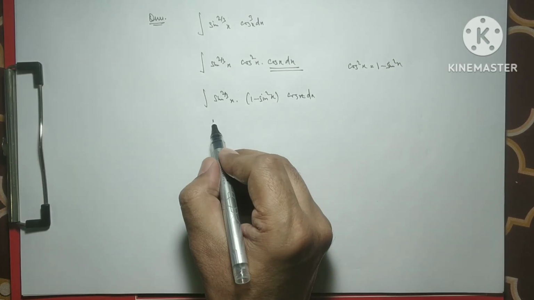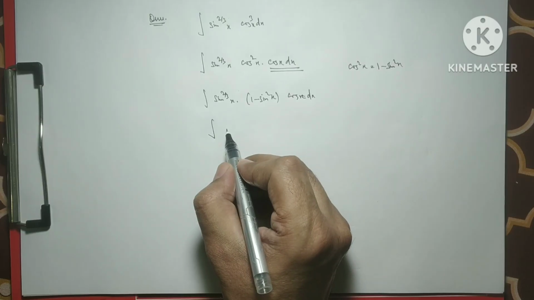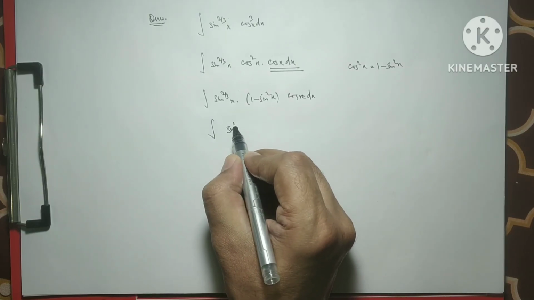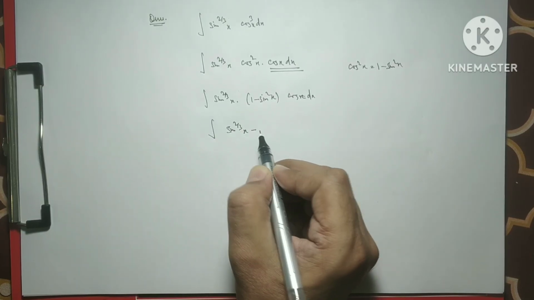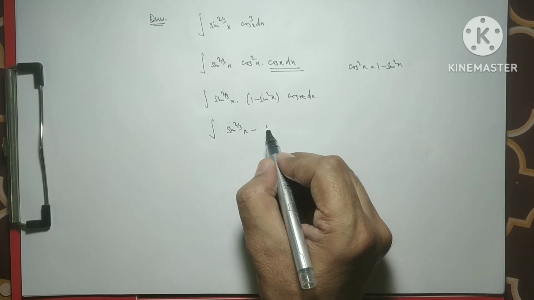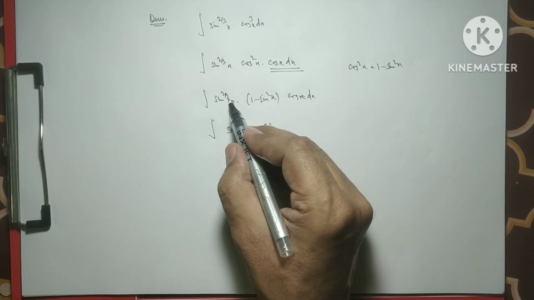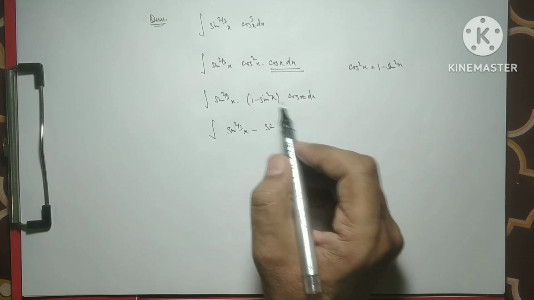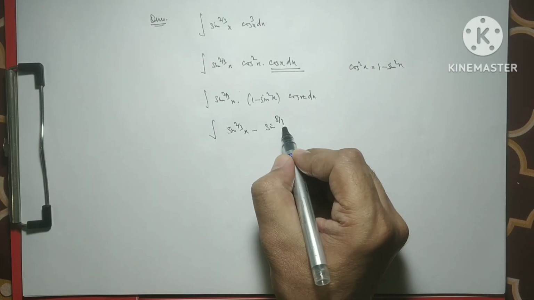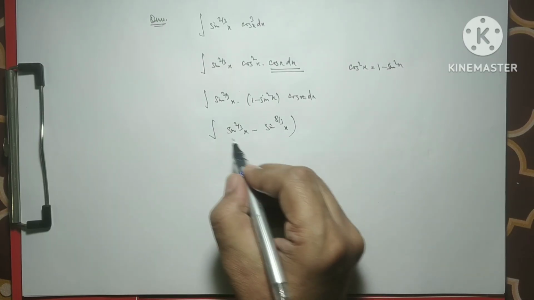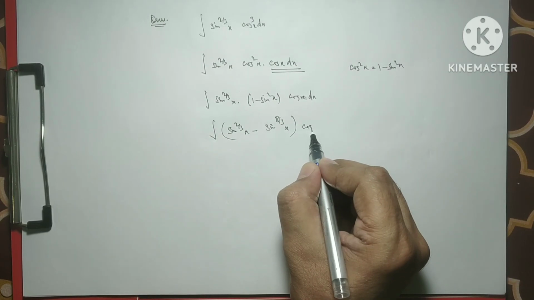So right now we multiply this, we get sine 2/3 minus sine, it is 6 plus 2, 8/3, and it is cos x dx.